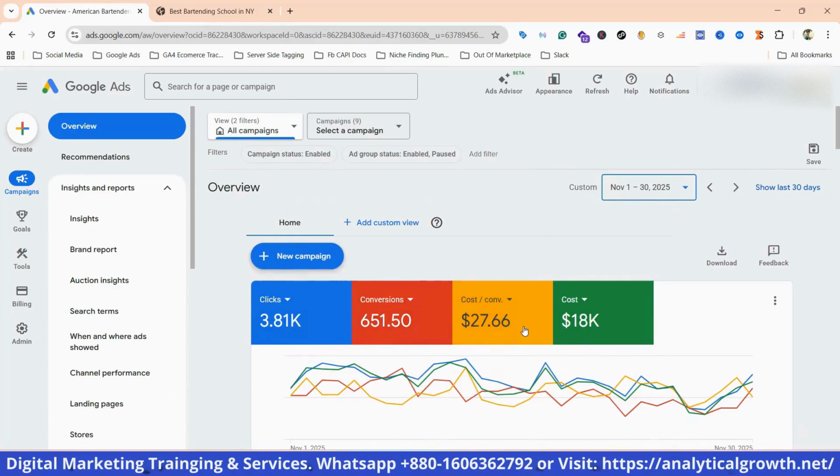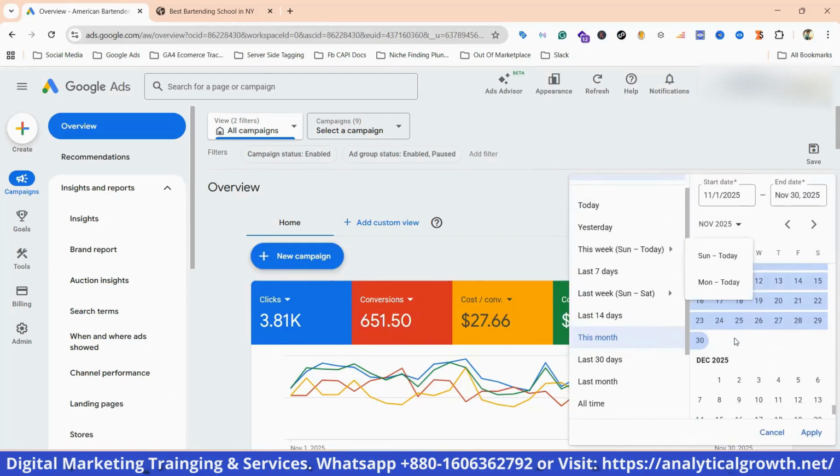As I told you, his initial target CPA was $27.66, his main goal was to reduce it to $20, and the cost was $18K.